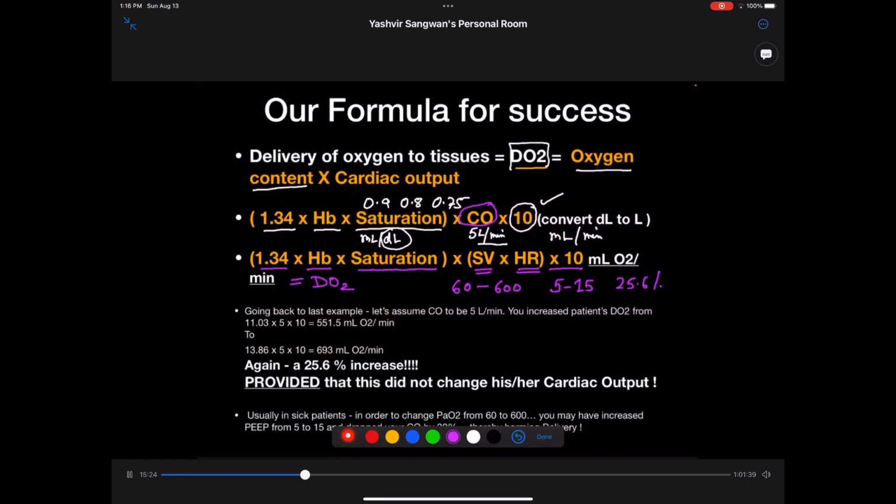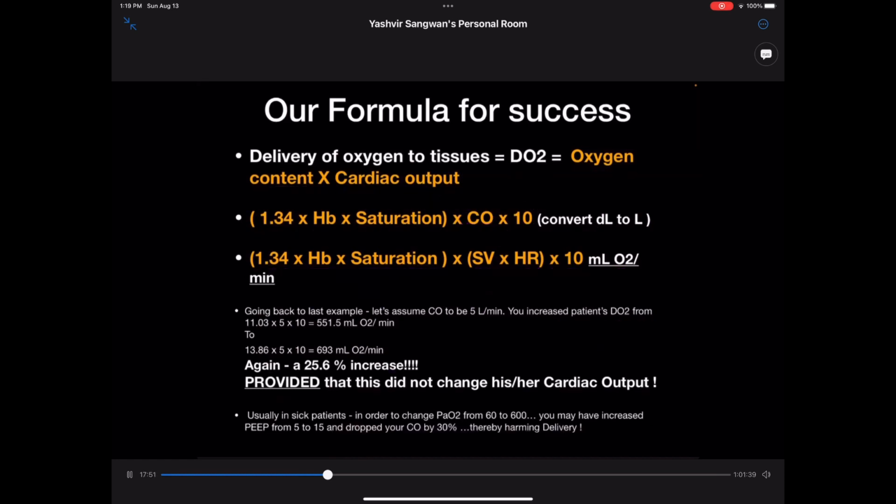But because of this, let's assume that the patient's cardiac output went down from 6 liters per minute to 4 liters per minute. In that case, even though you increase the oxygen content of the blood, you might have decreased the delivery of oxygen in ml per minute to the tissues. This picture basically illustrates what is happening here.